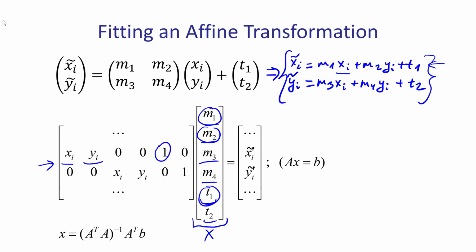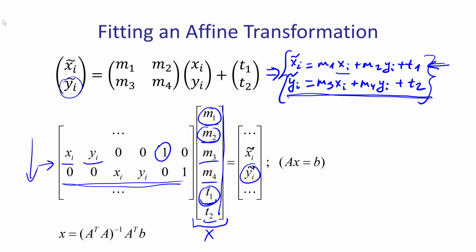So this is exactly equivalent to that equation. Now, second equation will be very similar, but for the second line. So yi tilde, which is here, will be equal to the second line multiplied by the column vector. And this is exactly that equation that we see here. Now, technically speaking, this is a linear system of equations where you have, or might have, many more equations than you need.